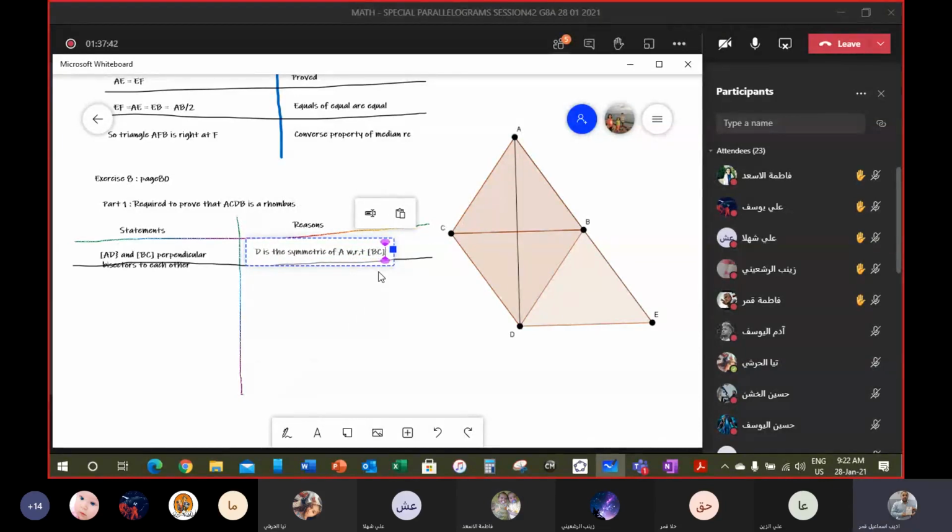Okay, if I take segment BC and take D the symmetric of A with respect to BC, then AD is the perpendicular bisector of segment BC.